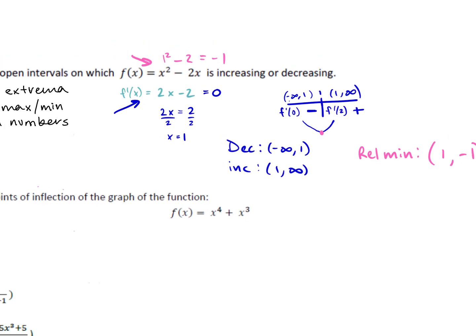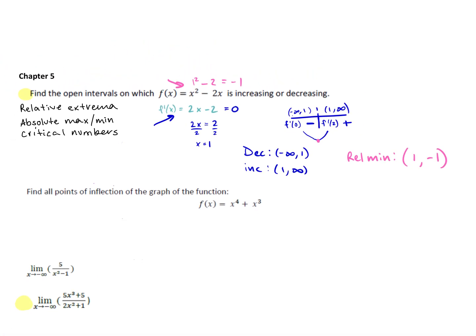Sometimes with these questions, it could give us an interval that we're talking about. So it could say from -5 to 10. Find your absolute max or min. Then we would also have to put these numbers on our interval here.